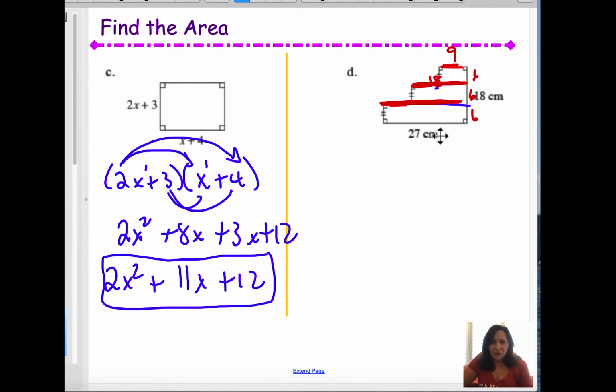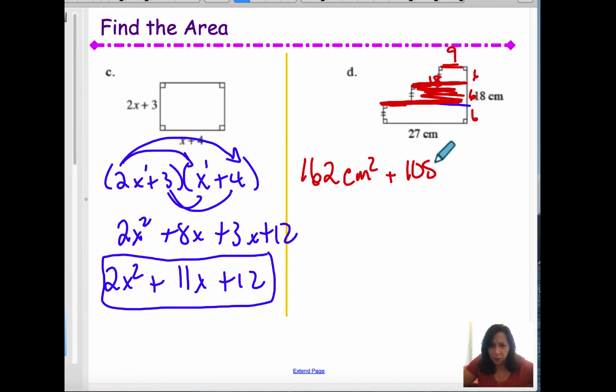So I'm just going to do that. The first one is 27 centimeters times 6. So 27 times 6 gives me 162. So I have 162 centimeters squared plus, now I'm going to look at the middle one, which is 18 times 6, and that's going to give me 108.